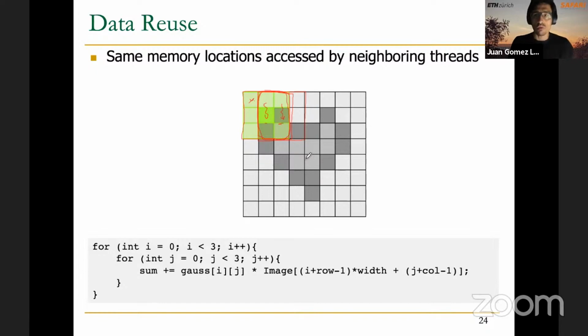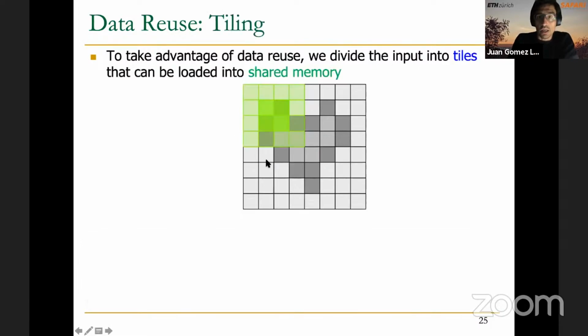You are familiar with CPU architecture, and you know that there we have caches, whose goal is to exploit spatial and temporal locality, right? So here we have that locality, and we have the possibility of using some faster memory where we store some data for some time and have faster access to it.